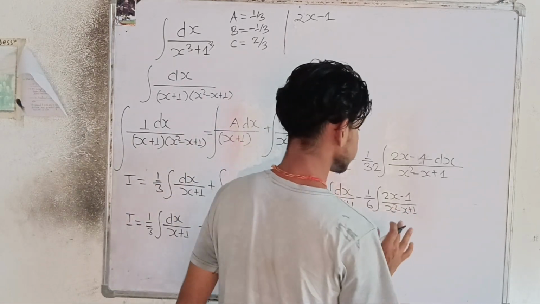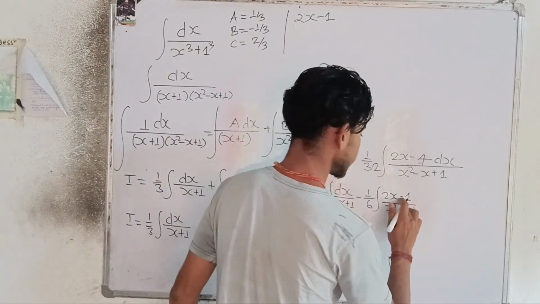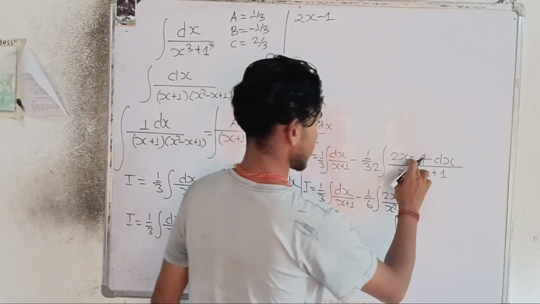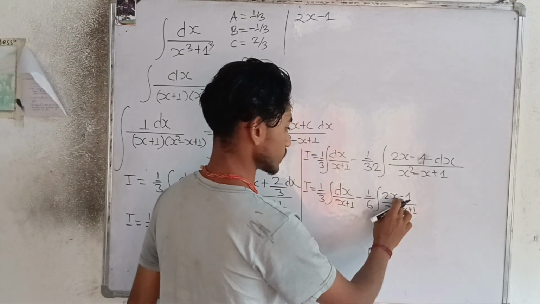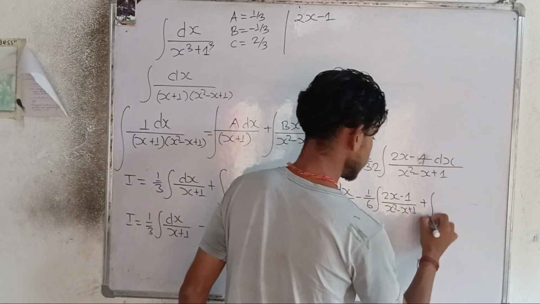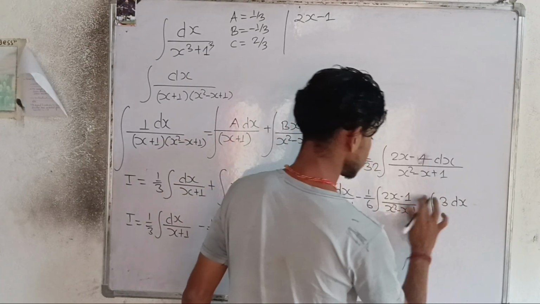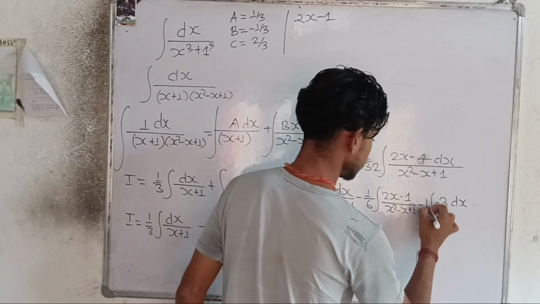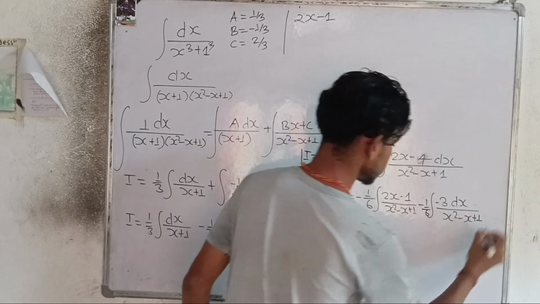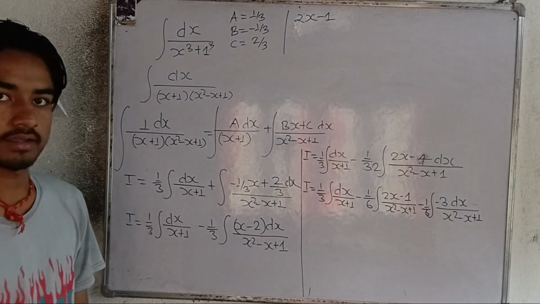Okay. And now I am left with the minus. If I take minus here, I am left with minus 4 here, minus 1 I got here, and I got plus integral 3 dx over x square minus x plus 1.